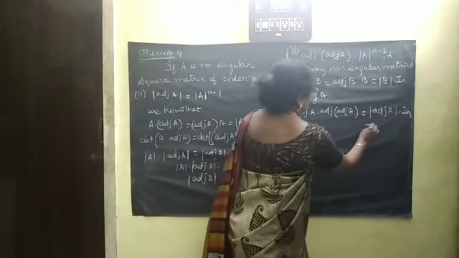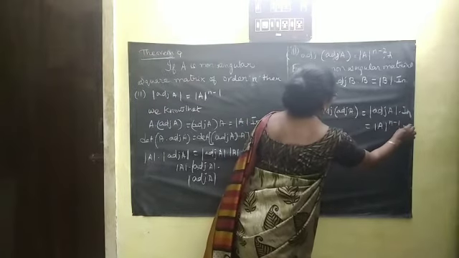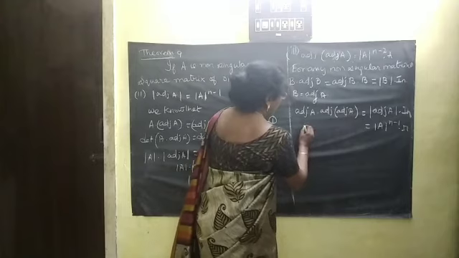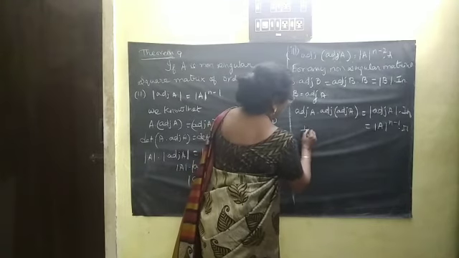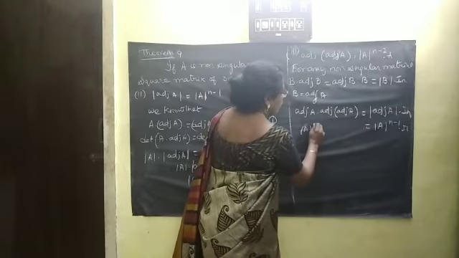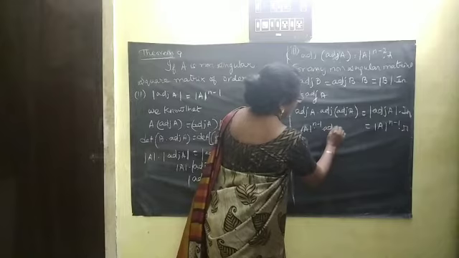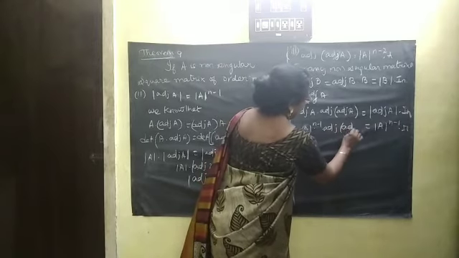So this is equal to determinant A the whole power n minus 1 into I n. So adjugate of A into adjugate of adjugate A is equal to determinant A power n minus 1 into I n.